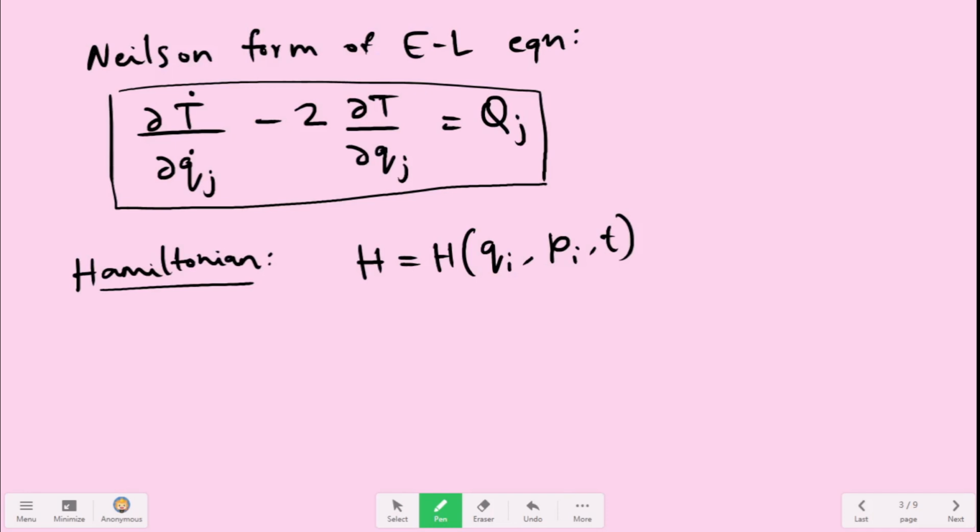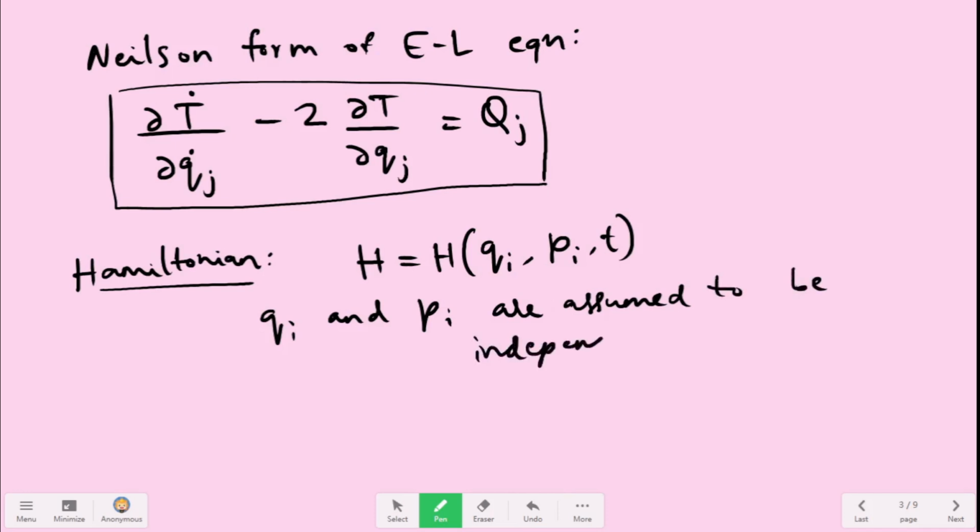In the Hamiltonian formulation, q_i and p_i are assumed to be independent of each other. The Hamiltonian is obtained from the Lagrangian through the Legendre transformation, and it is written as H is equal to the summation over i of p_i q_i dot minus L.